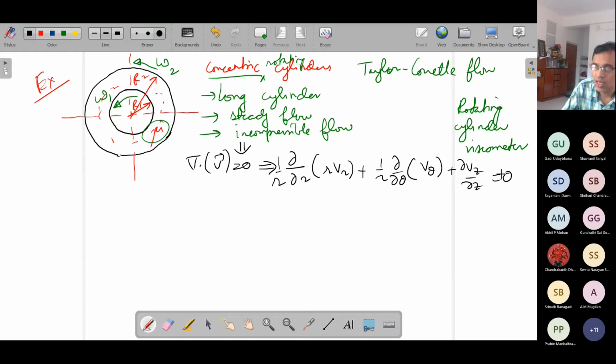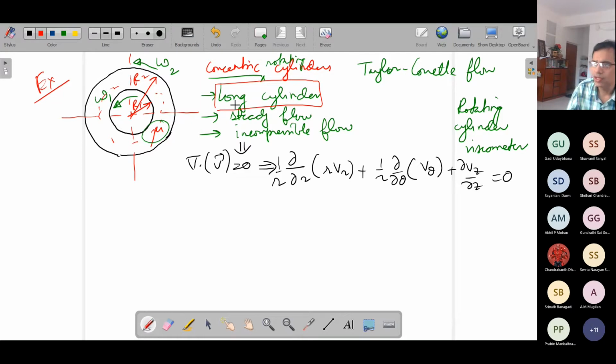Now we will use some of the very important keywords of the problem. Many times there are certain keywords given in the problem which, for problem solving, we consider as a beautification of the statement of the problem. So, long cylinder. If we are not careful enough, we will say long, short, what? What is the impact?